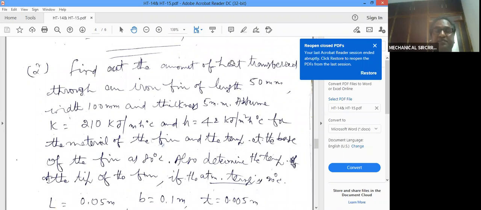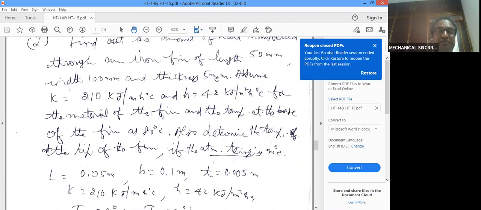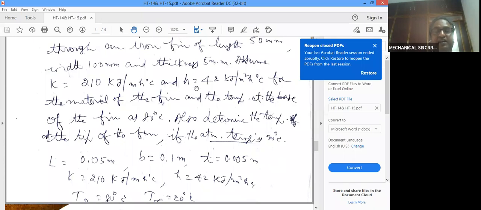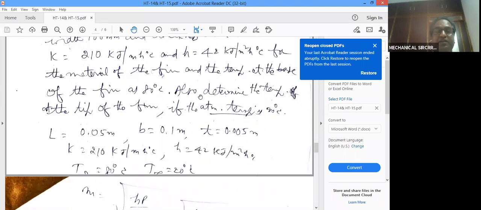Here length of the pin L is 50 mm, width B 100 mm, thickness T 5 mm, K value 210 kilojoules per meter per hour per degree centigrade, heat transfer coefficient h 42 kilojoules per meter square per hour degree centigrade, base temperature T naught 80 degrees centigrade, and atmospheric temperature T free stream 20 degrees centigrade.